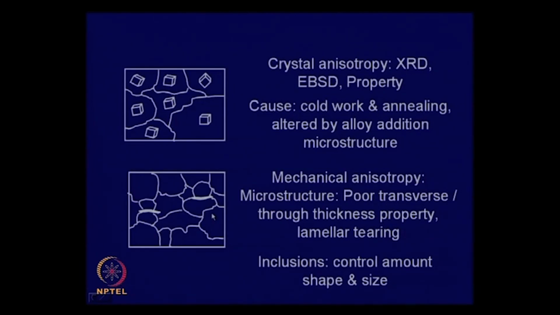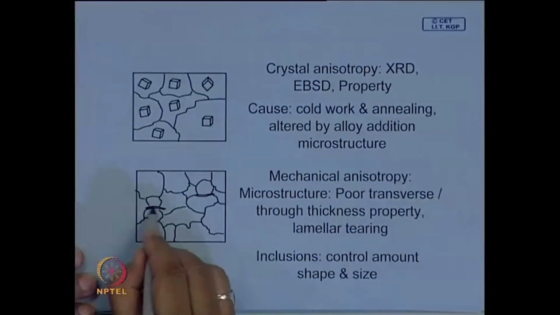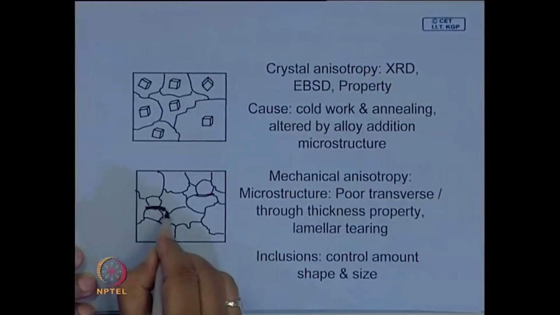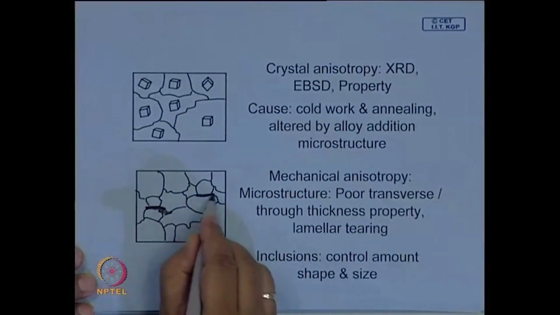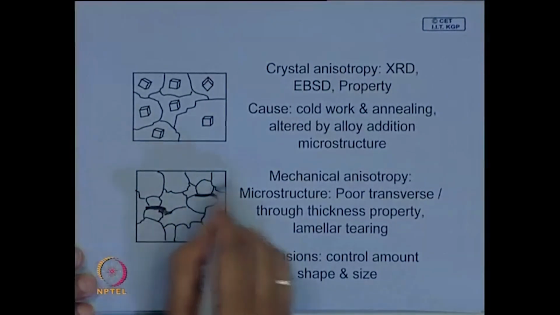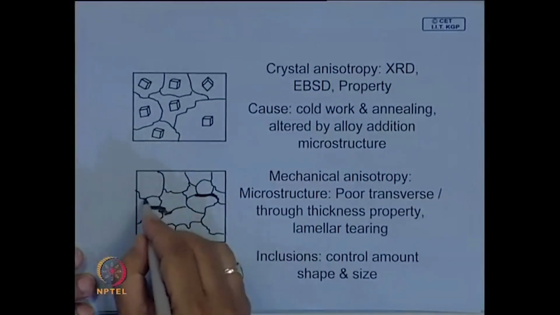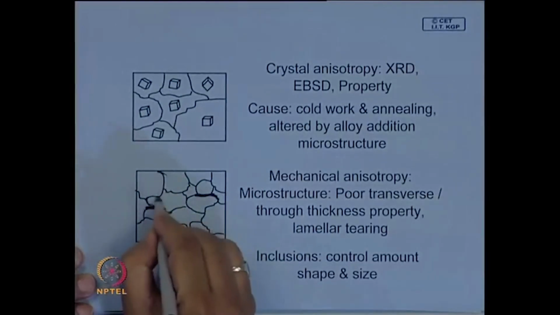So, here what has been shown is that you have an inclusion here. This is a material which has undergone large deformation. If you look here, this is manganese sulphide; they get elongated, most of the time, and during deformation, if it is hot working, these grains get recrystallized.